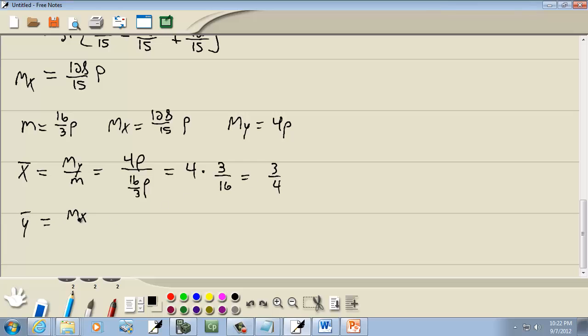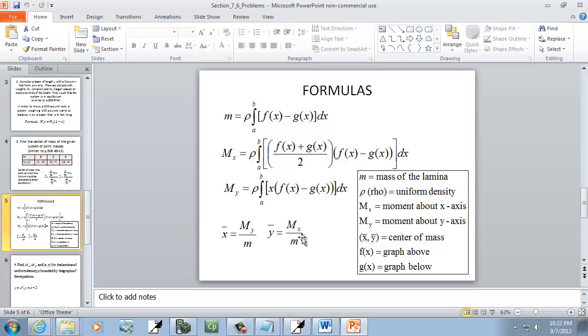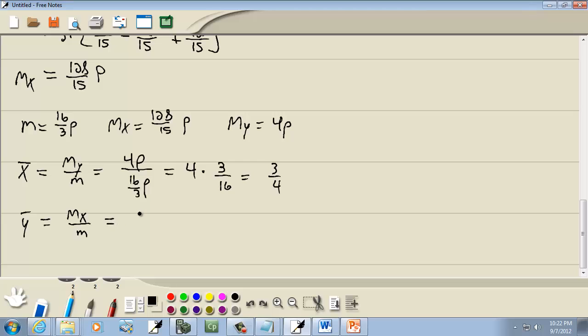And this one would be m sub x over m, our second formula here. M sub x is 128/15 rho over m, which was 16/3 rho. Now the rhos cancel, and I'll take the reciprocal of the fraction down below, multiply it times the top, so it becomes 3/16 times 128/15.